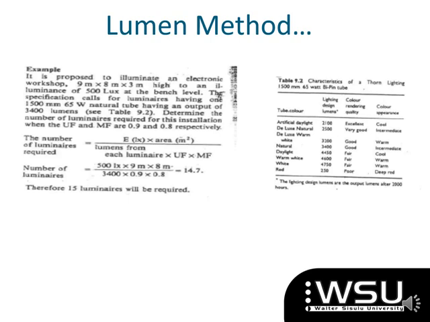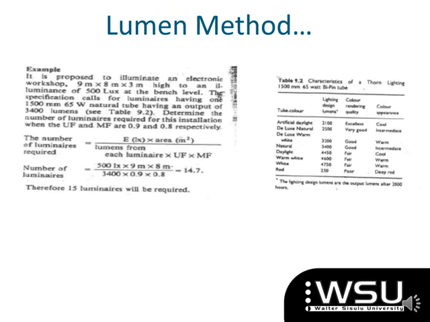Then they say that the specification calls for luminaires having 1500 millimeters and 65 watt natural cube, having an output of 3400 lumens. Where do I see the 3400 lumens?